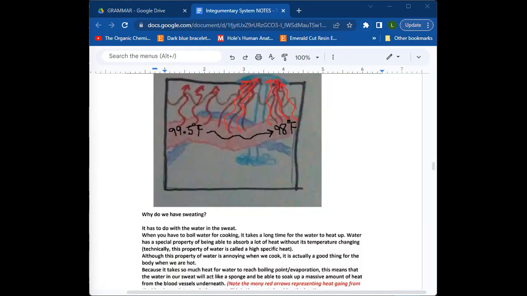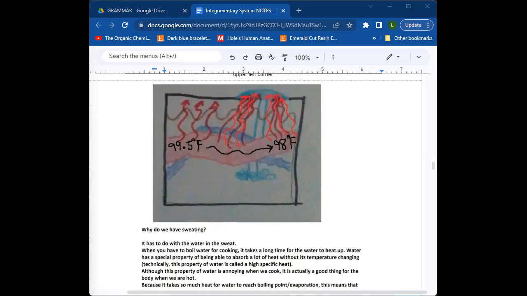So even though that's annoying when we're trying to cook something fast, it actually tends to be a good thing when we're talking about temperature regulation, because this means that the water in the sweat is going to be able to act like a huge sponge, and it's going to be able to soak up and absorb this huge amount of heat from the blood vessel underneath it.